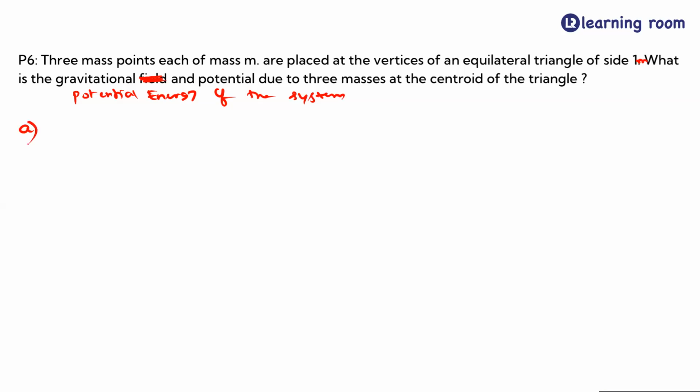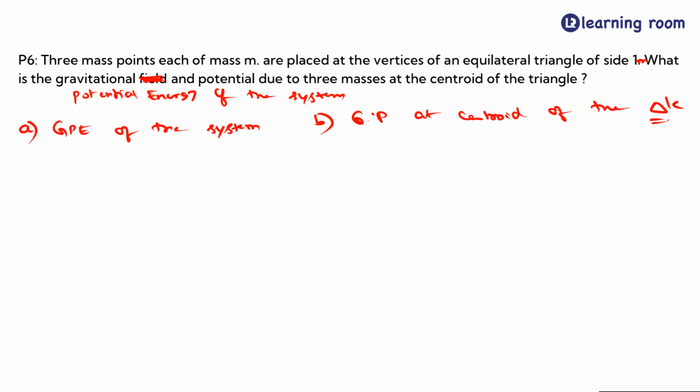So there are two questions. First question is about gravitational potential energy of the system. And question number B is gravitational potential at the centroid of the triangle.